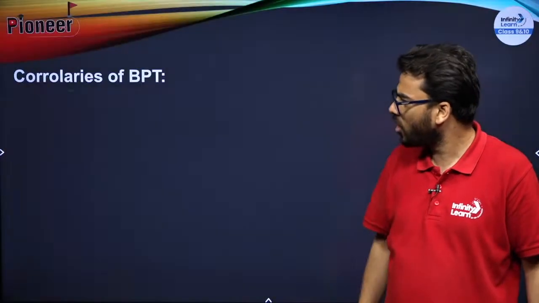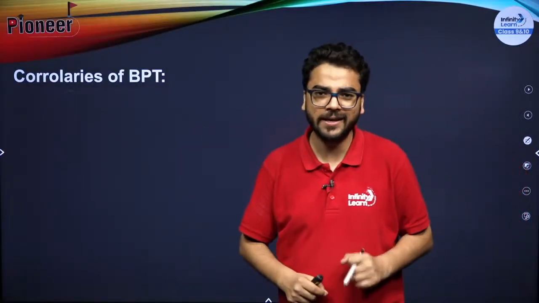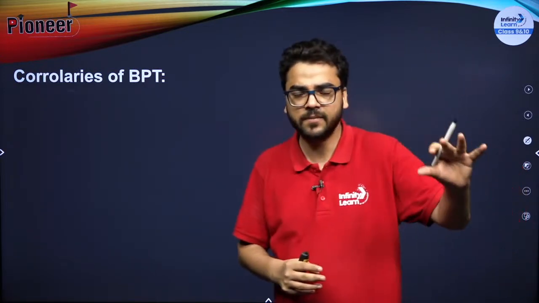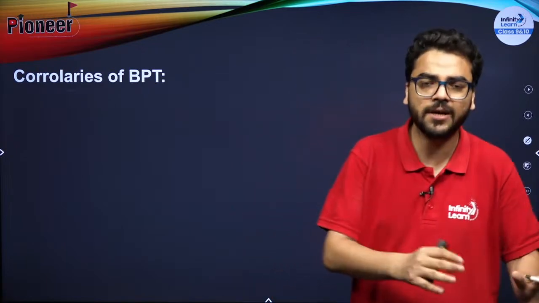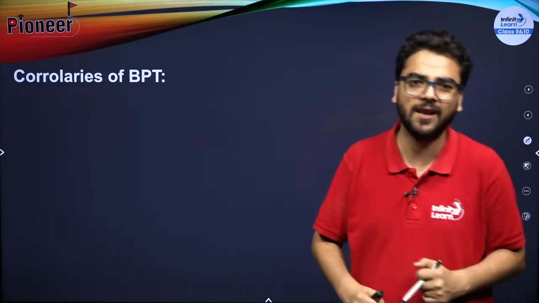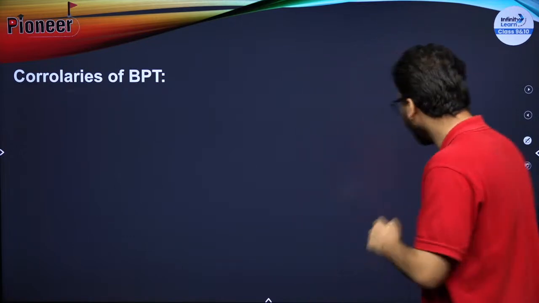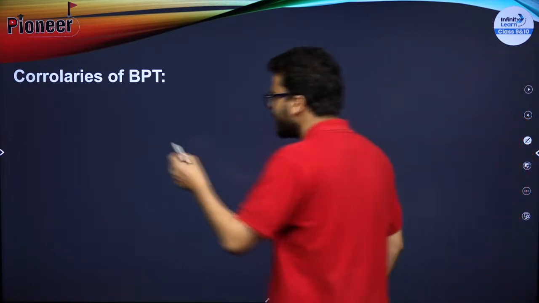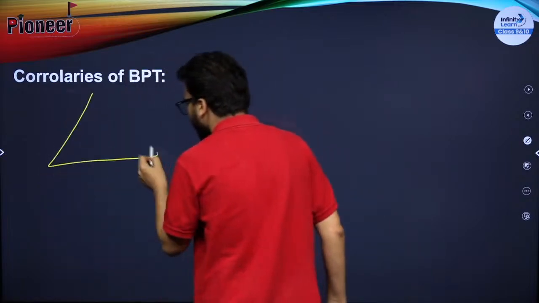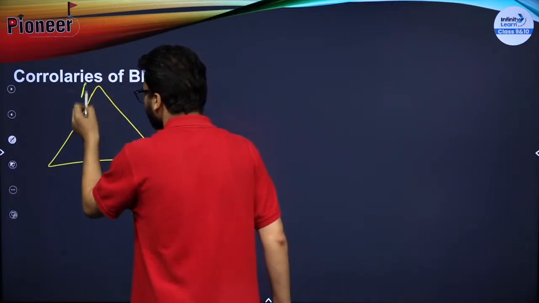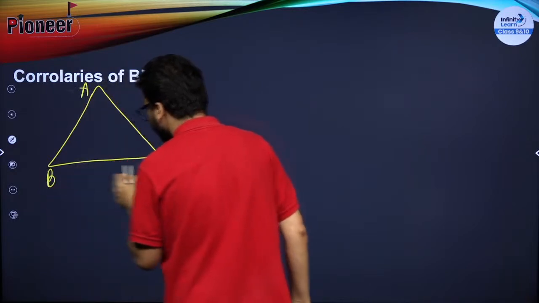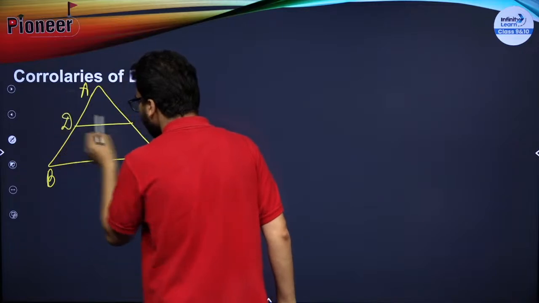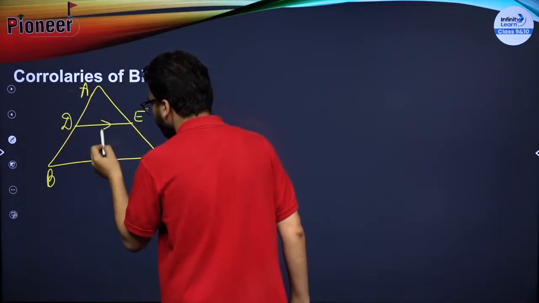Now there are some corollaries of the basic proportionality theorem. Corollary means on the basis of a theorem there are small results which are used many times in questions directly. So let us see the corollaries. Suppose I've got a triangle ABC, and it is given that DE is parallel to BC.